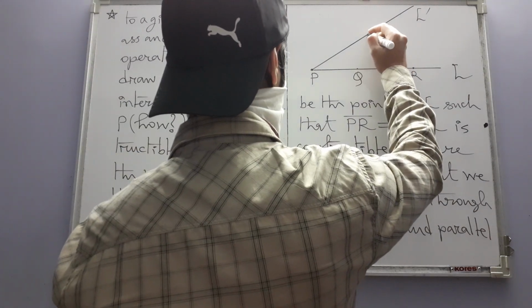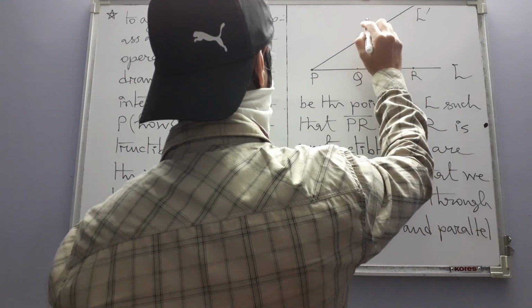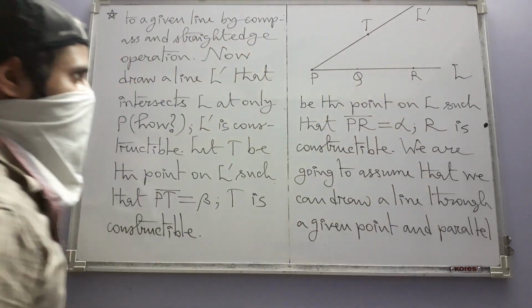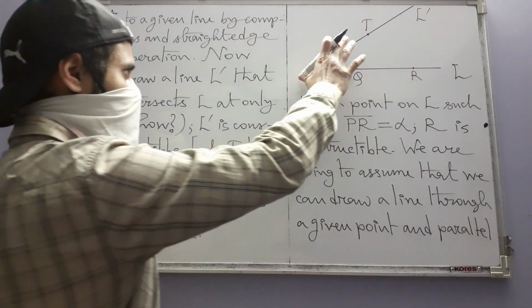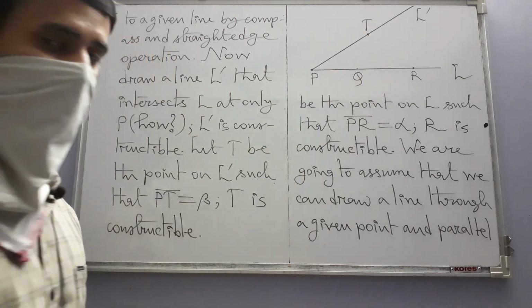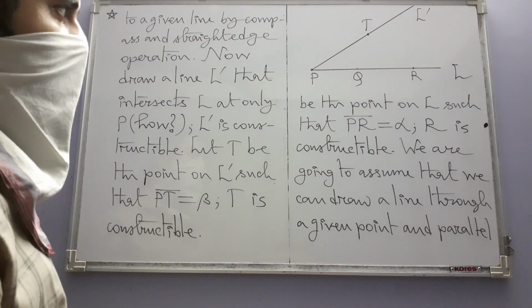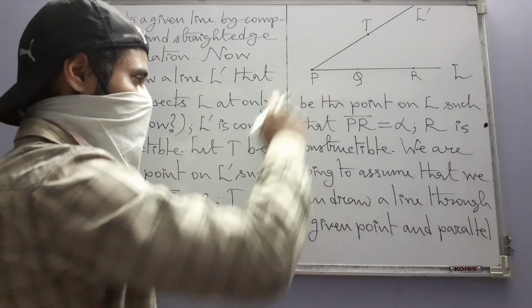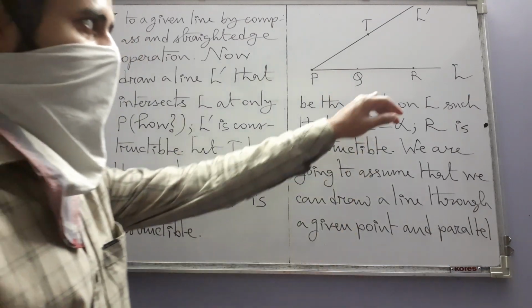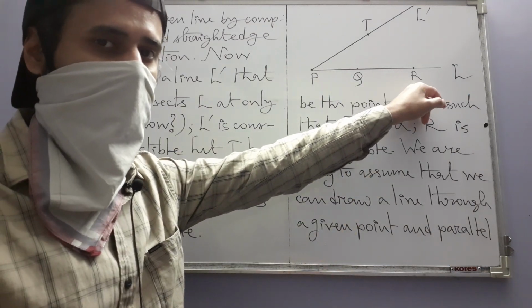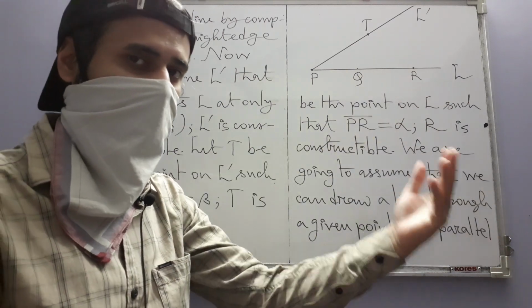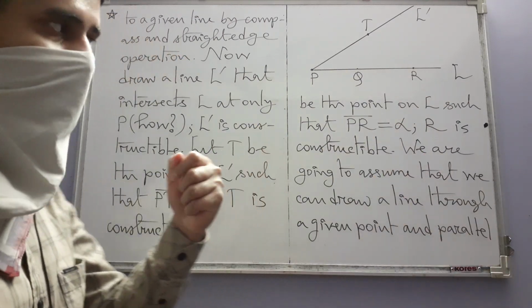So T is a point here somewhere, so that the length of the line segment PT is beta, and this T also can be drawn just like how we have drawn R, because just like it's given that alpha is constructible, beta is also constructible.